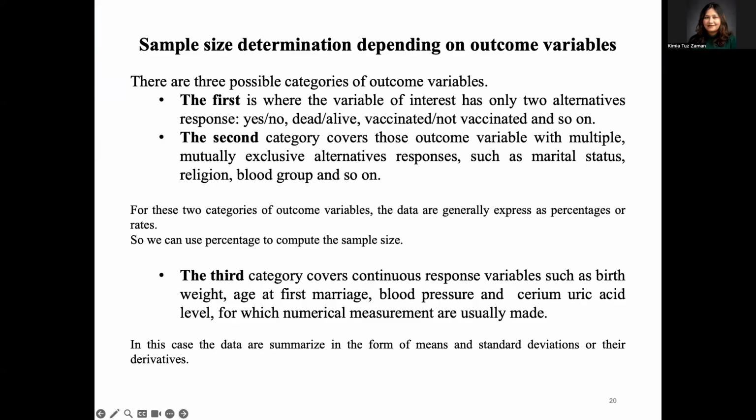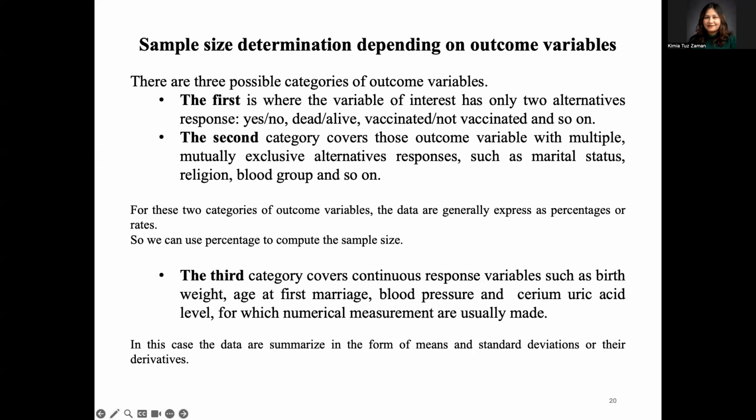Sample size planning depends on the type of outcome. First, for binary outcomes, yes or no, vaccinated or not vaccinated, we work with proportions. Secondly, for multi-category outcomes like marital status or blood groups, we also think in percentages or rates across several categories.